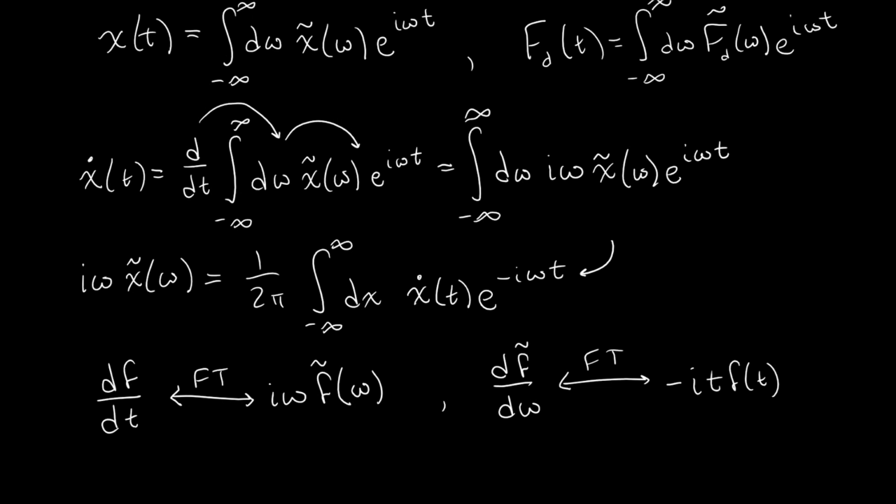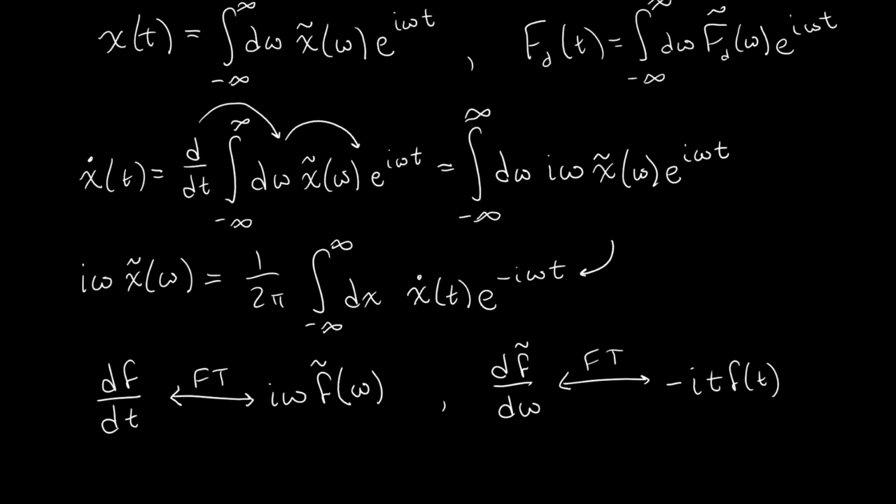Which one has the minus sign and which one doesn't isn't as important as the fact that one has a minus sign and the other does not. Similar to where this factor of 1 over 2 pi goes. One of them must have a minus sign, one of them must not.